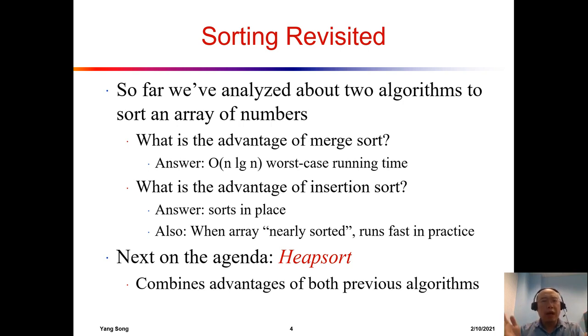No. Do we have to do any insertion in the best case? No. So in the best case scenario, insertion sort will be faster than merge sort. In the worst case, of course, merge sort is O(n log n) and insertion sort is O(n squared), but in the best case, insertion sort is actually faster.